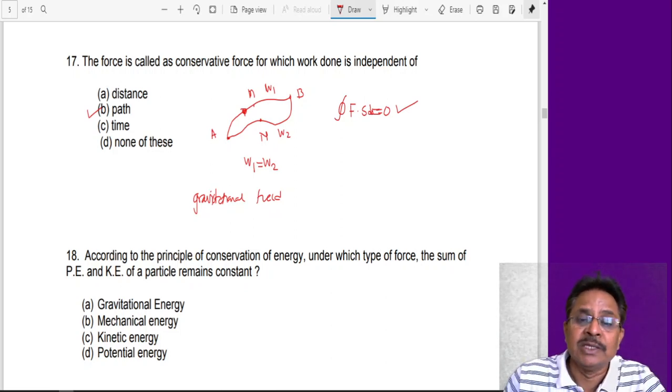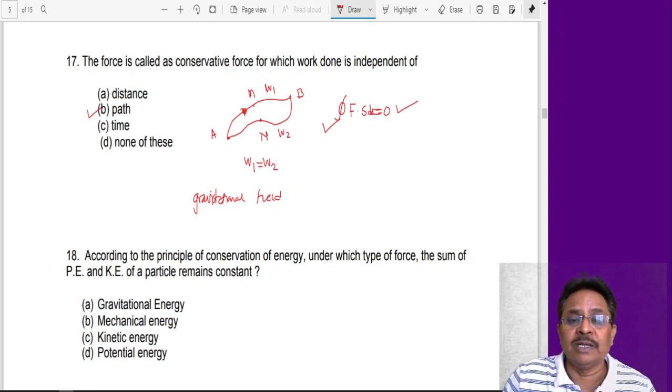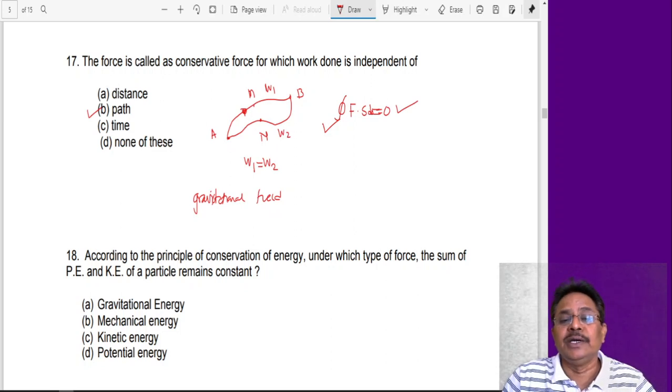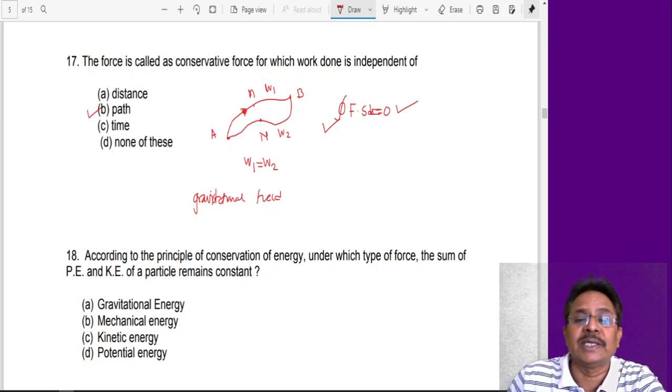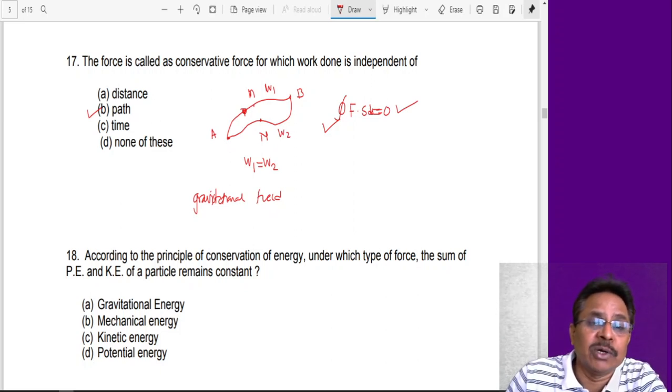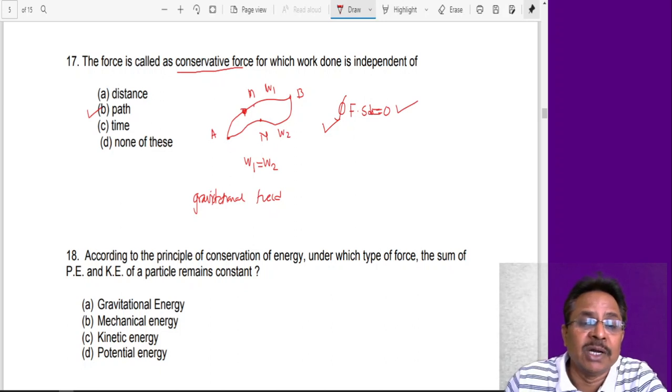This is one way. Second, I can write this in integral form. This is called the closed integral over a closed path, integral F dot S into ds. If this work is calculated and if it is found to be 0, again that particular force field is called a conservative force field. So these are the 3 different ways.